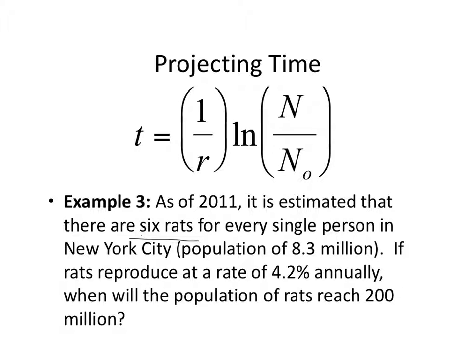Here we're looking at the estimation that there are 6 rats for every single person in New York City. New York City has a population of 8.3 million people. And if rats reproduce at a rate of 4.2% annually, when will the population of rats reach 200 million?